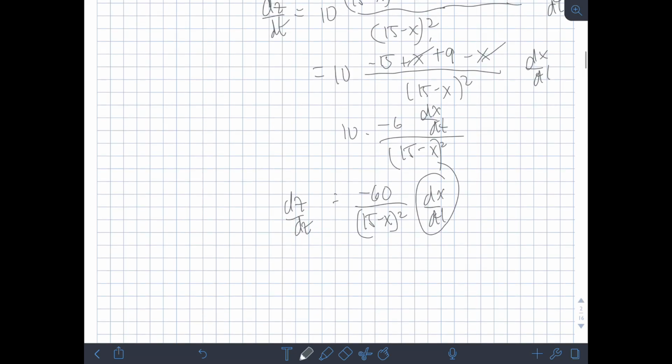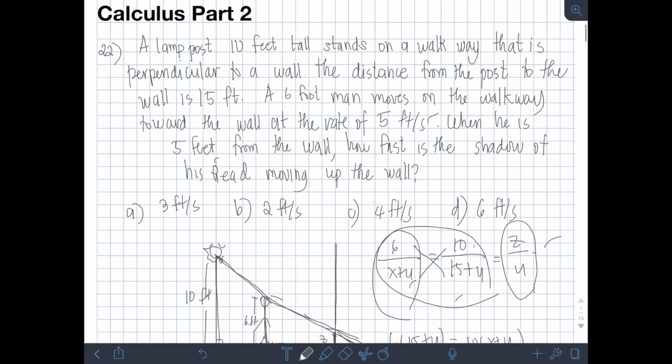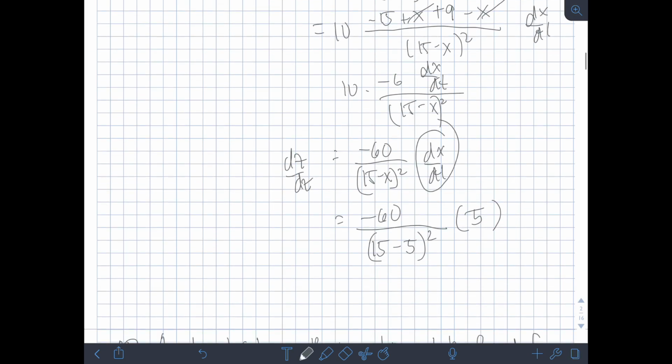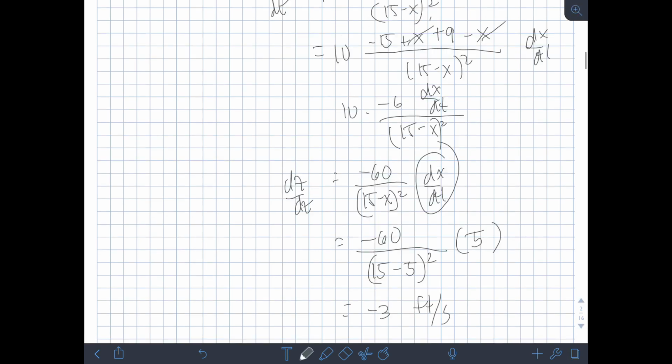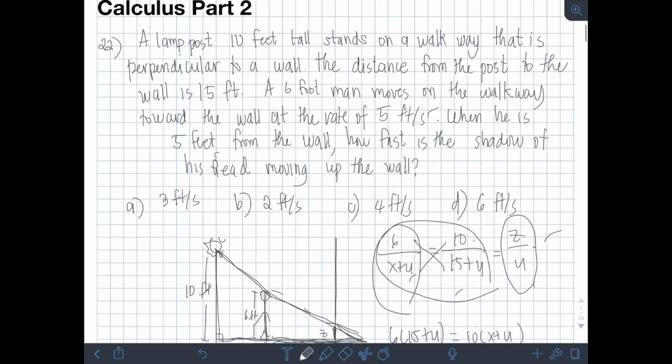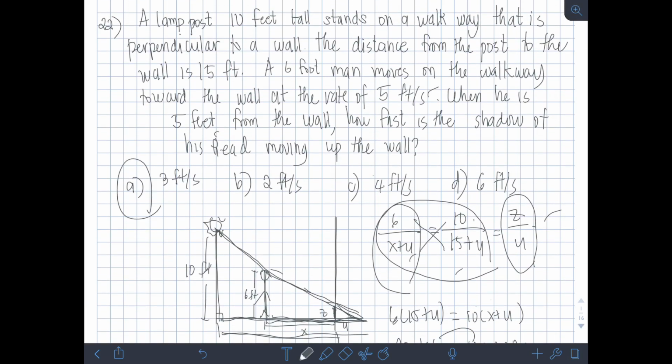So, we have negative 60 over 15 minus 5 squared times 5 feet per second. Tama ba? Okay. So, using calculator, masasolve natin itong dz over dt as negative 3 feet per second. Okay. So, therefore, the answer is letter A.